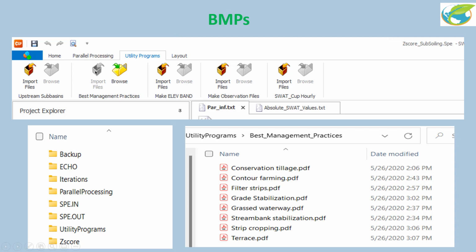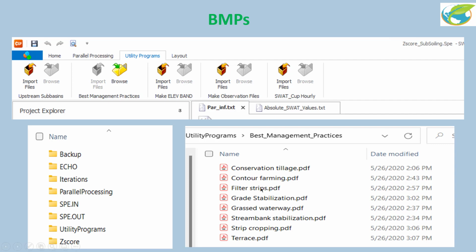If you press import files, go to utility program and import files, you will get a folder called utility program in your SWAT-Cup project. If you go in the utility program, you will see different BMPs: conservation tillage, contour farming, filter strip, and so on.